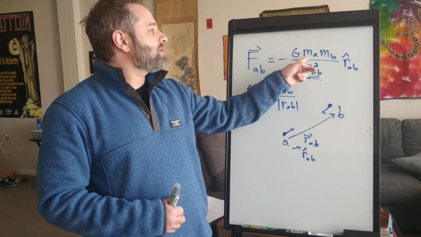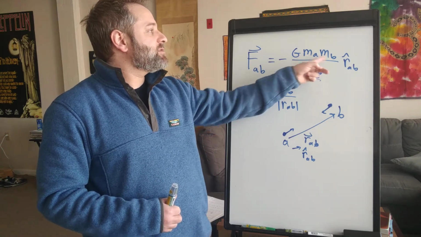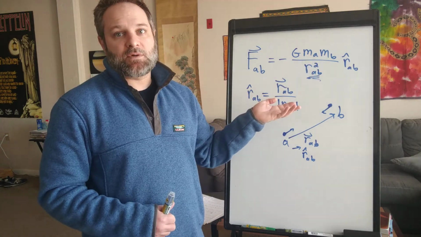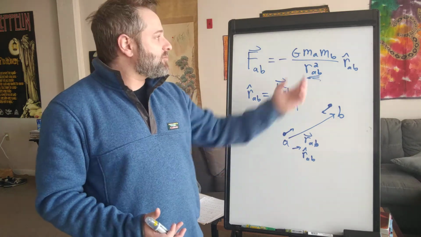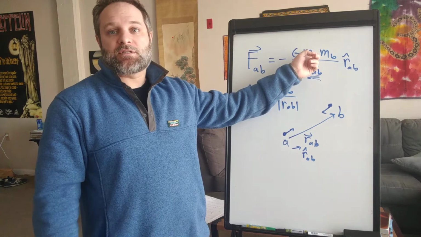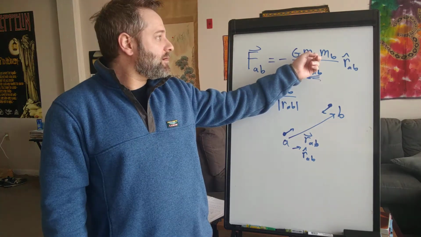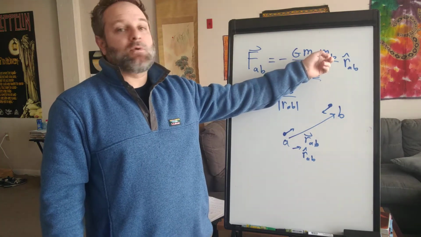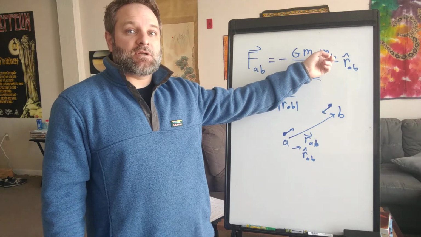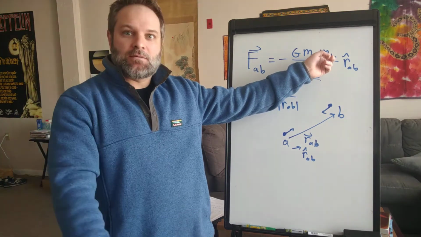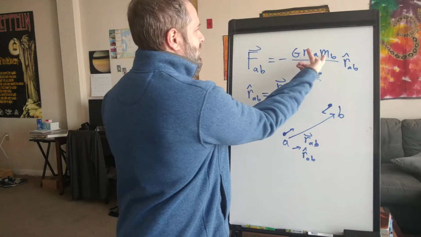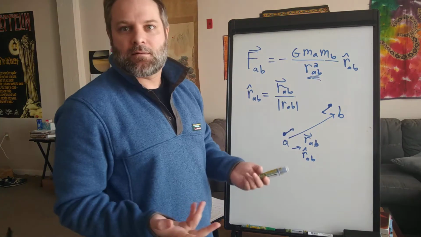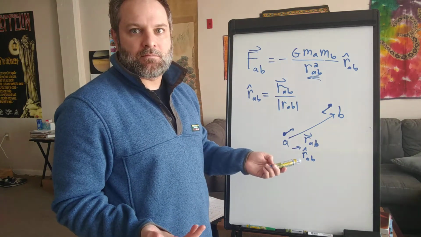The thing that controls how strong gravity is between the two objects is the mass of those two objects. So we feel the gravitational attraction of the Earth because the mass of the Earth is incredibly, incredibly large. Right? We also exert that same force back on the Earth, right? Because if I switch M_A and M_B, I get the same numbers.